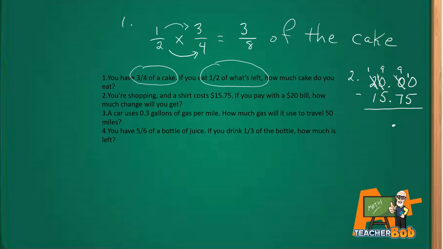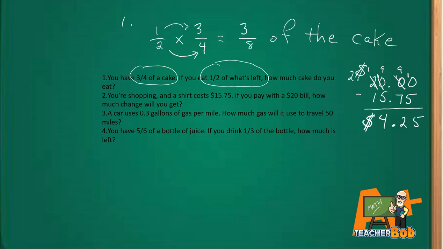Okay, so 10 subtract 5 is 5. 9 subtract 7 is 2. 9 subtract 5 is 4. And 1 subtract 1 is 0. We don't need to put a 0 there. This is all money, isn't it, that we're talking about? So the change that you're going to receive from the sales clerk is $4.25.